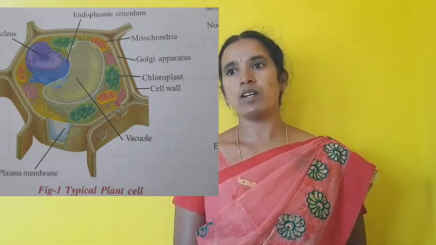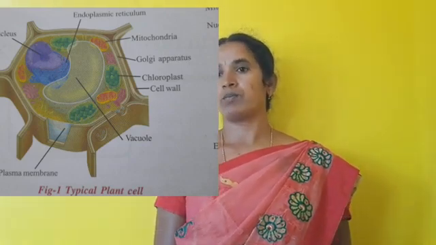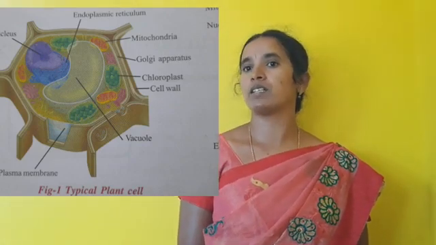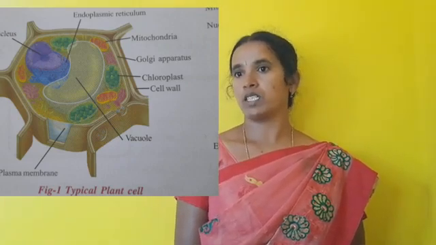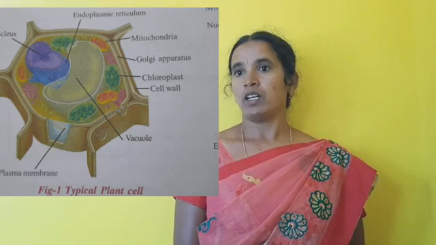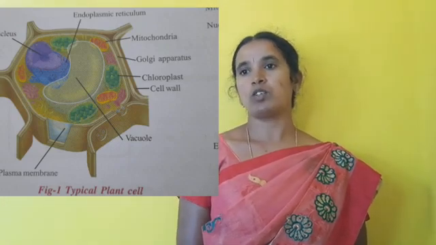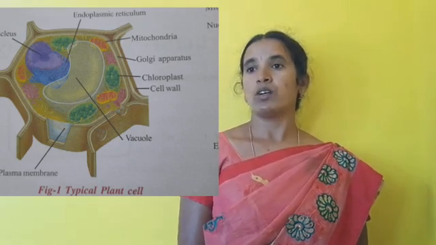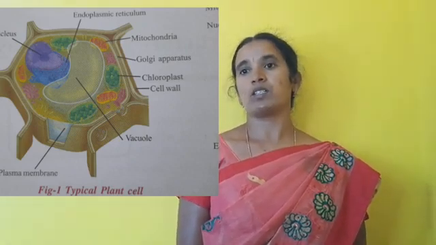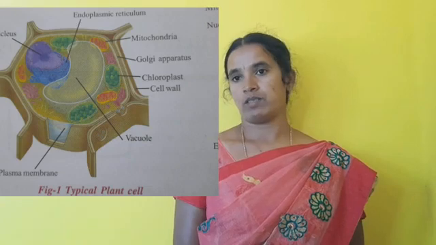The cell wall is a tough but flexible, porous layer that gives a definite shape to the cell and provides protection.